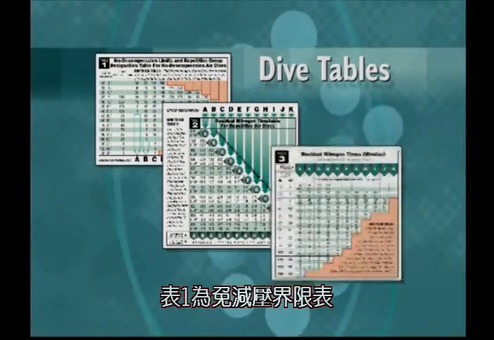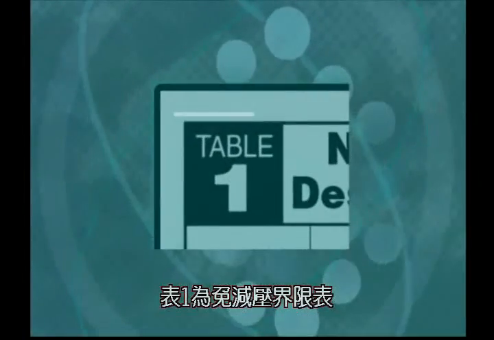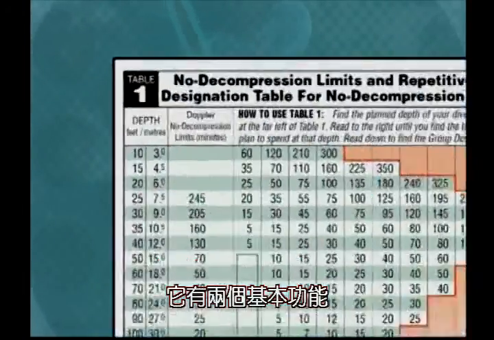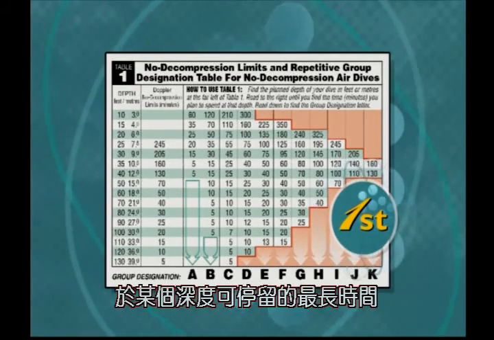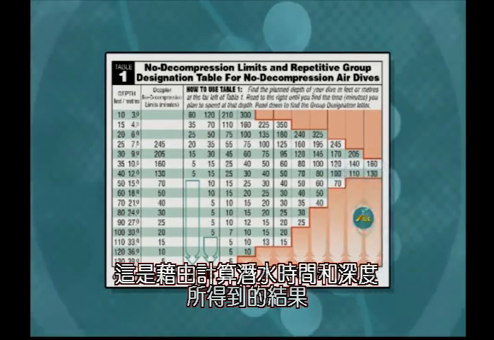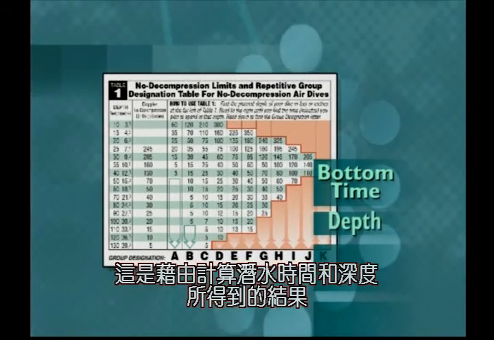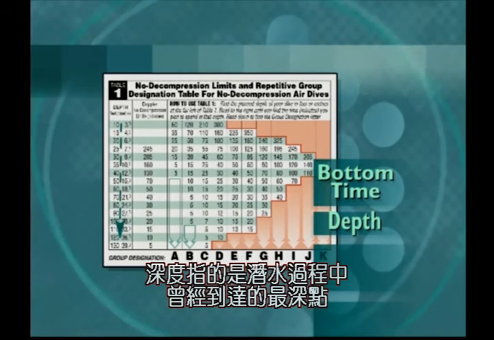The first of these is the No Decompression Limits table, which we call Table 1. It has two functions. First, it shows divers how long they may stay at a certain depth without being affected by decompression sickness. This is done by figuring bottom time and depth. Depth is considered the deepest point reached during the dive.